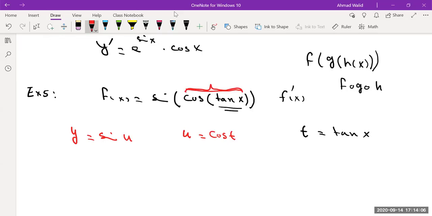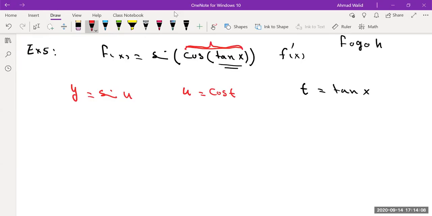What will be my notation? What is my goal to find? Here you are looking for dt over dx. Here you are looking for du over dt.